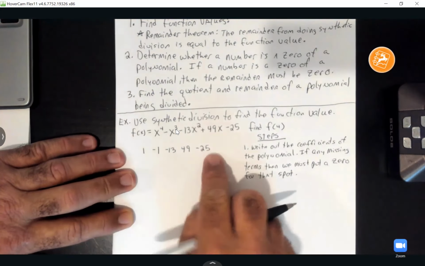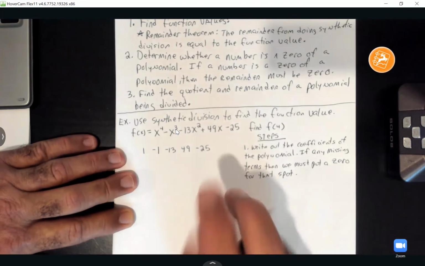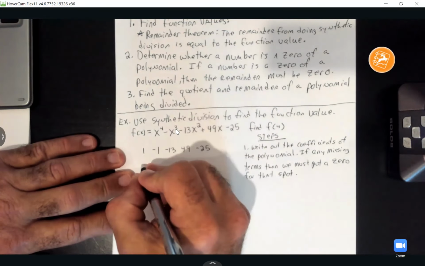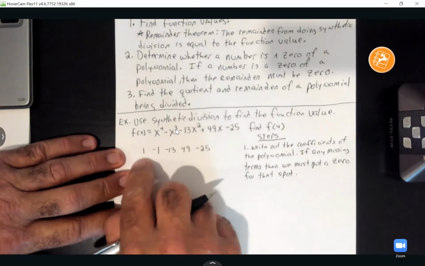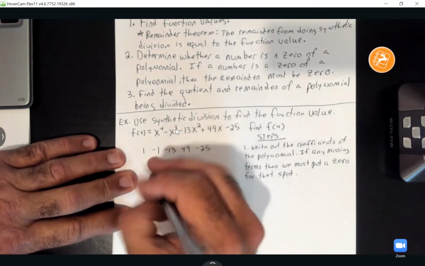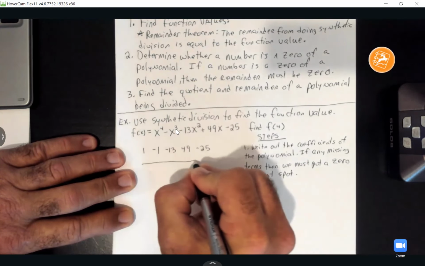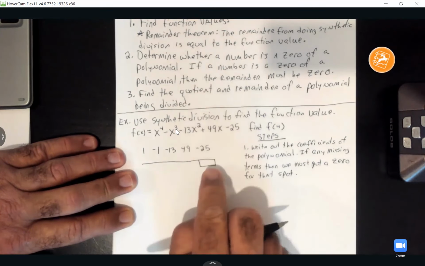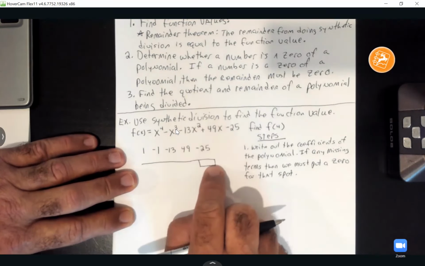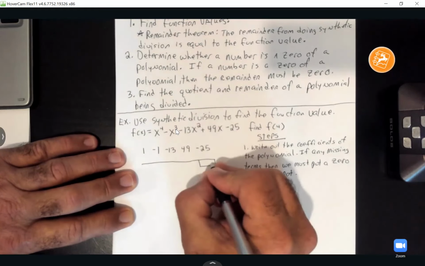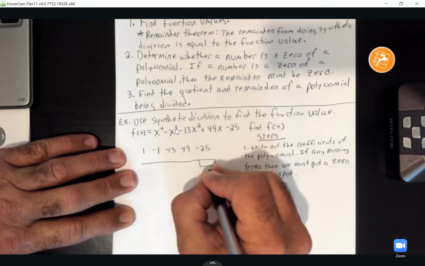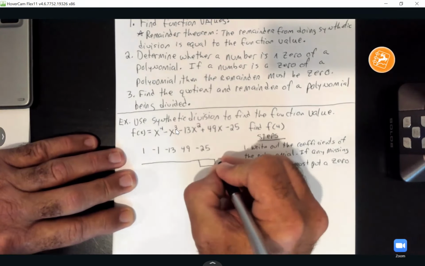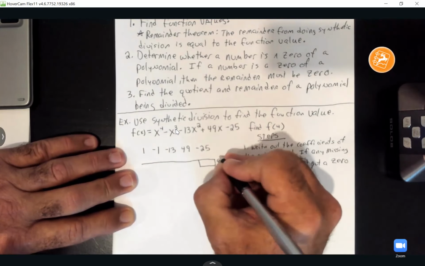So I write out all my coefficients. Then what I'm going to do, under those coefficients, leave a little space here. But then I'm going to draw me a box. And I'm going to close off the last section of my box under that -25. This right here will be my remainder that I put in this box. So this box is going to be the remainder.